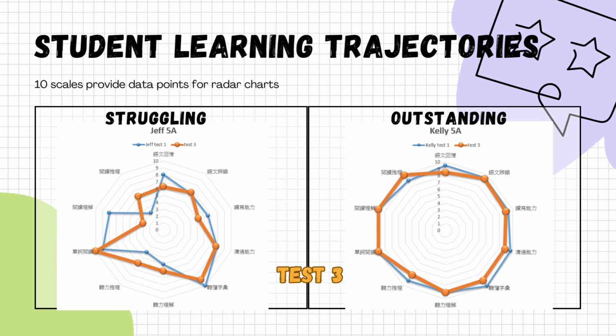Okay, test three, you'll see that there's not much change in Kelly. Again, we have the blue line being test one and the red orange line being test three. So now we're comparing the beginning of the semester and the end of the semester.